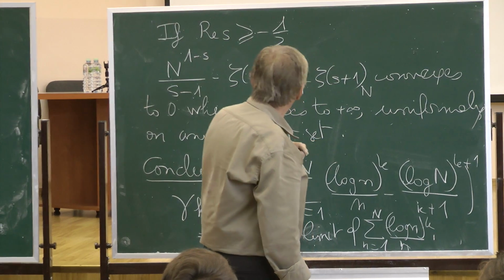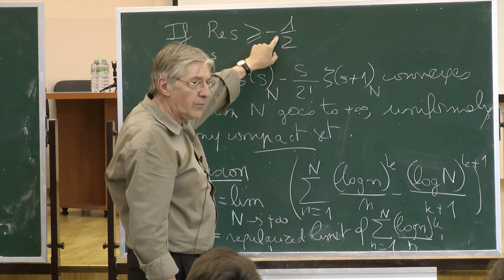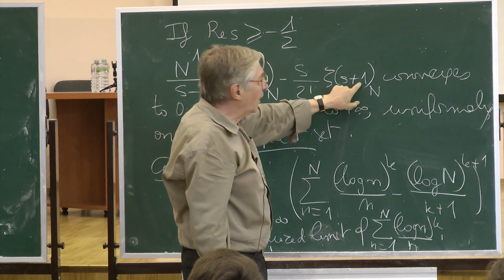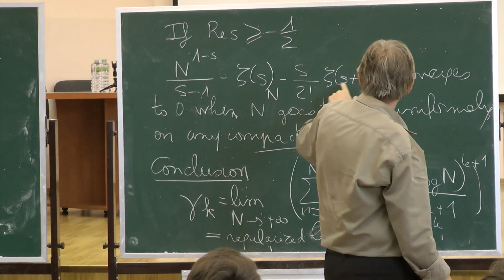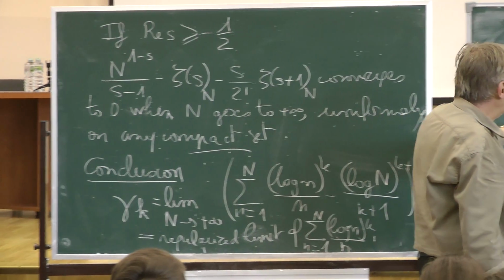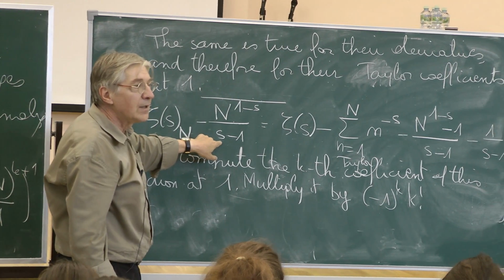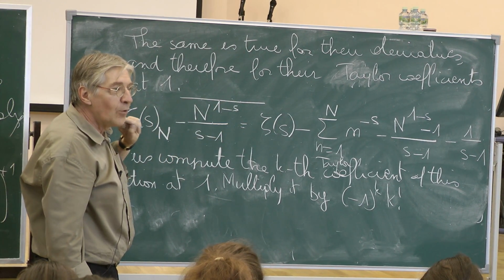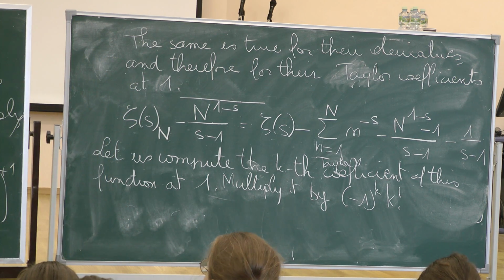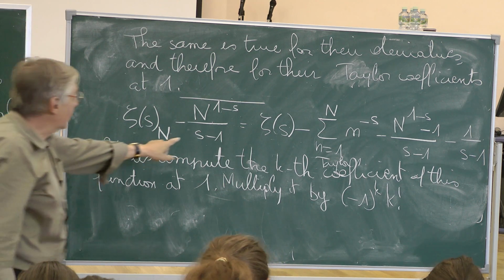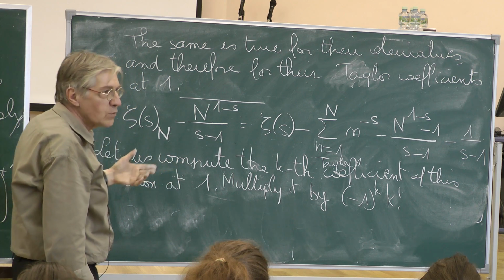I use the small following trick. If real part of S is larger than -1/2, in fact, real part of S plus 1 is larger than 1/2. And therefore, for zeta of S plus 1, I can apply the previous formula which I had. Zeta of S plus 1 minus this elementary term was going to 0 when n is going to infinity. So instead of keeping this term, I will keep the corresponding term which I get here for S plus 1, of course.